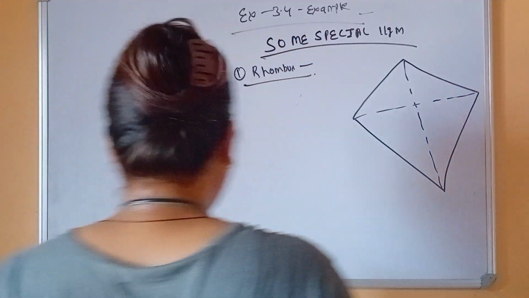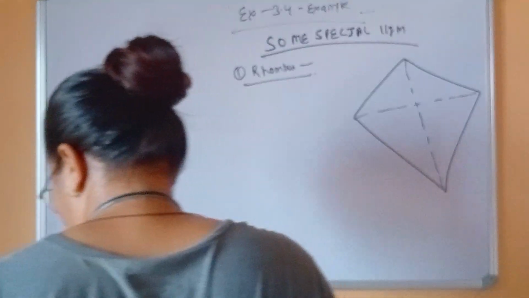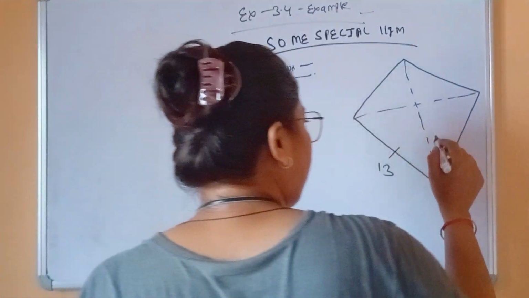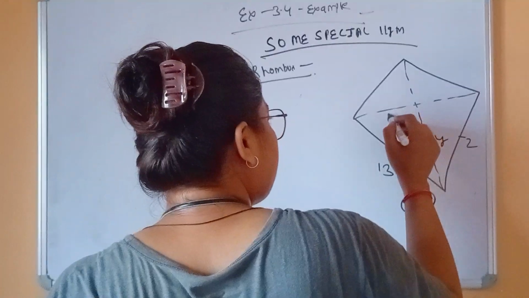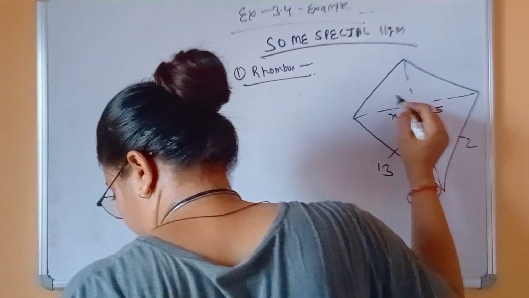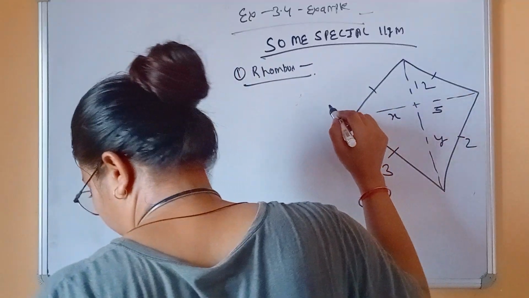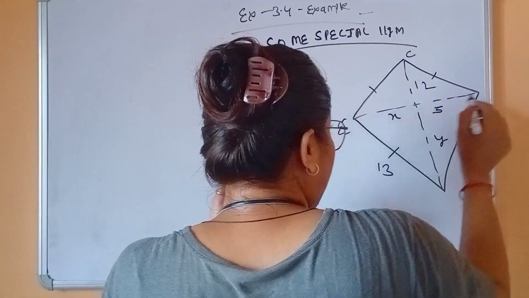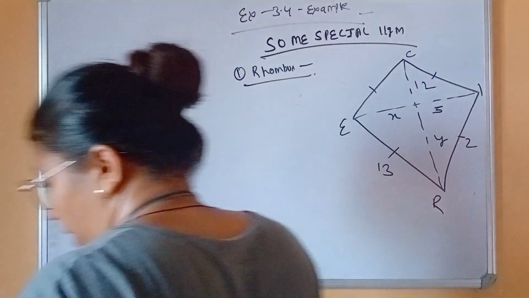You can assume this is a rhombus figure; the figure is not shown, but you can assume. Here the side is written as 13. It's written Y, it's Z, X, 5, 12. Given name CEIR. Now we first understand by property, one by one.